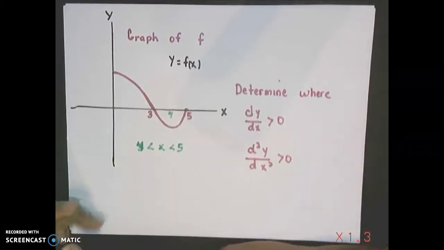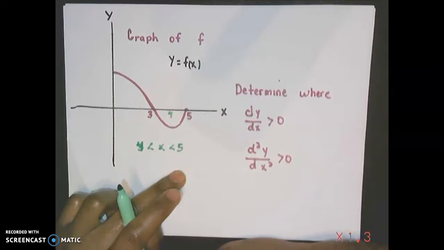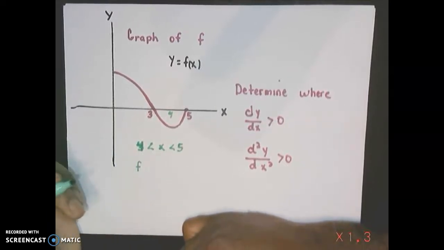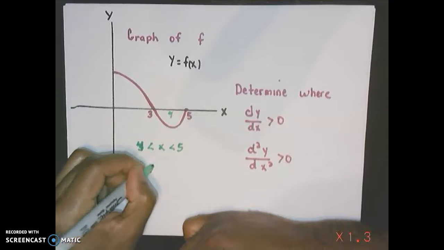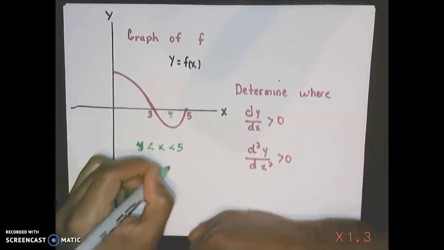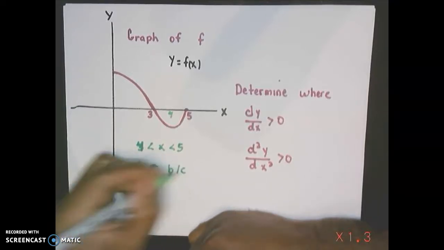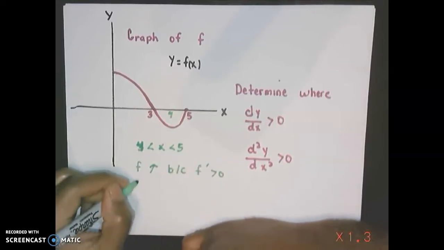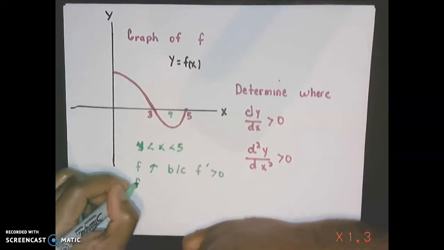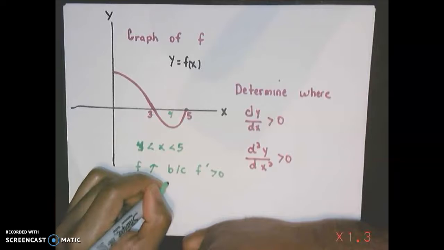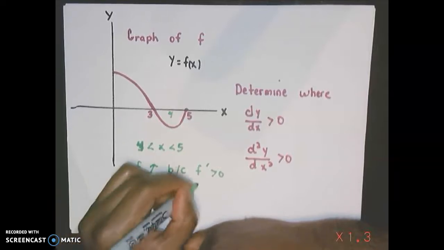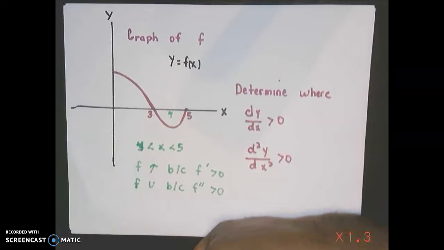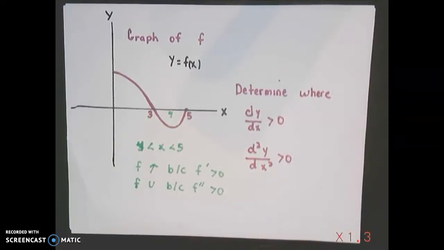Yeah, so for my x values between 4 and 5, we know that f is going to be increasing, and this is because my f prime is greater than 0, and then we also know that f is going to concave up because my f double prime is greater than 0. And so that is going to be the answer.